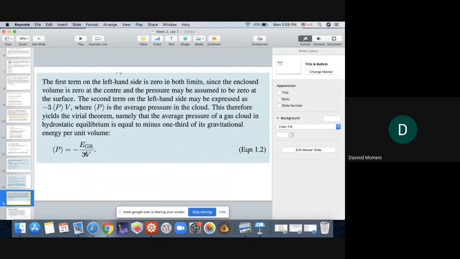This derivation is interesting, a little bit technical, so don't be worried about it. I just want to mention that the virial theorem, which gives you an idea about the average pressure and density, is compatible with hydrostatic equilibrium. Even from fundamental physics you can get this expression, but not very easily.